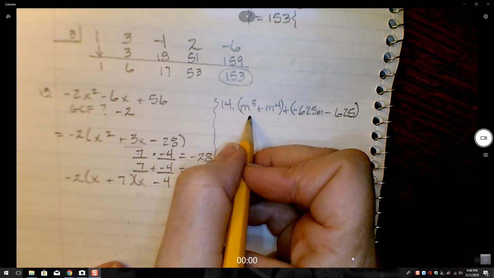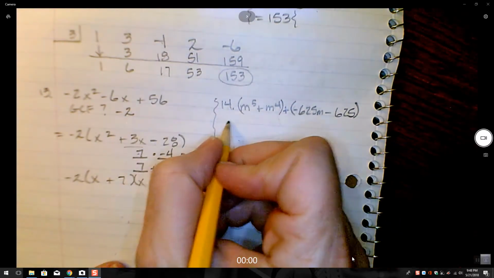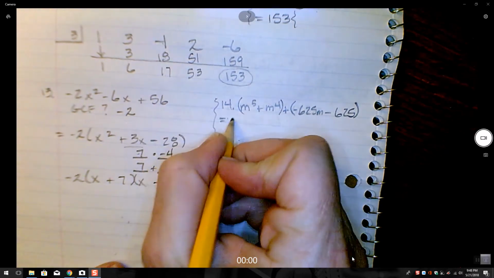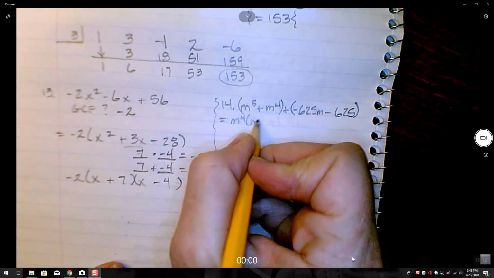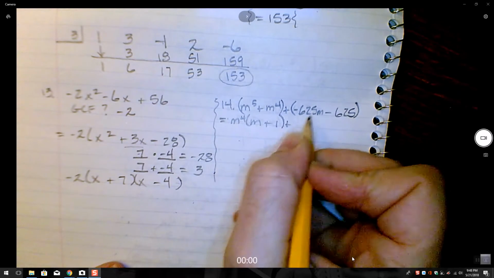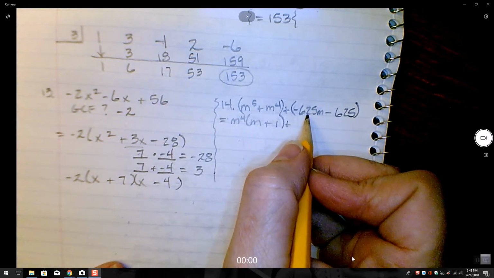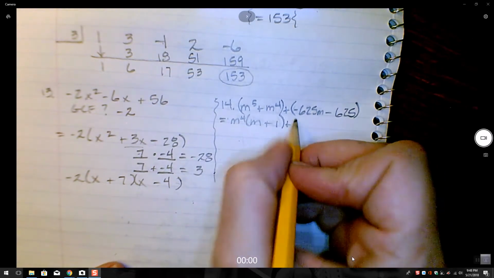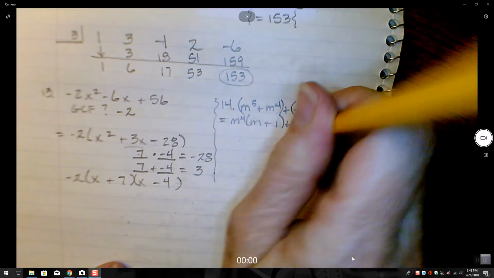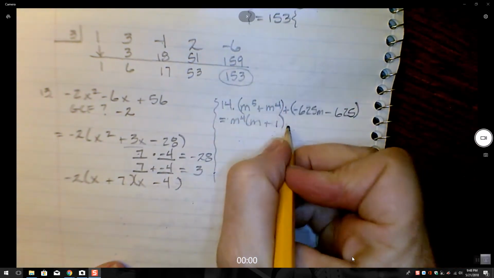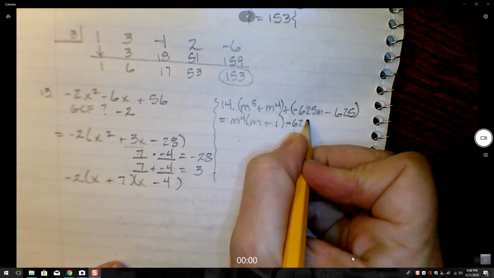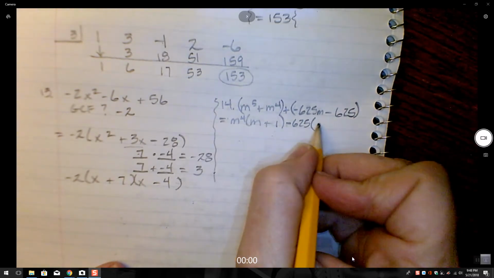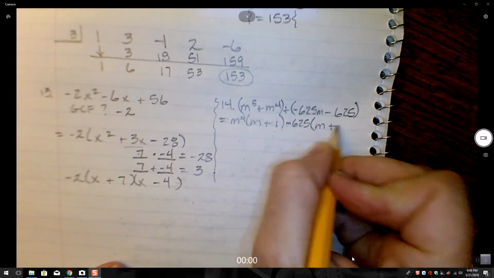So, greatest common factor here is going to be m to the 4th. So that leaves an m plus 1. And greatest common factor here is going to be negative 625. So I'll take that out, leaving me an m plus 1.